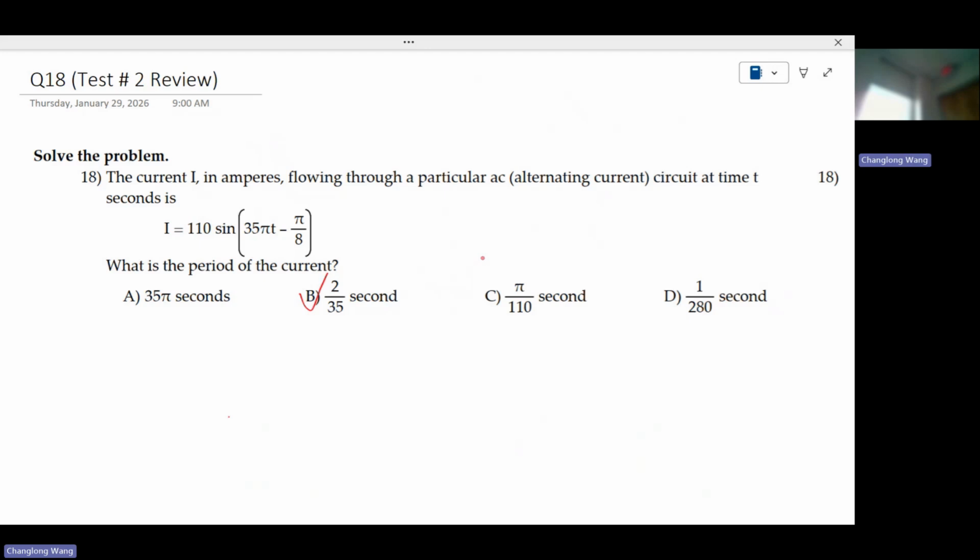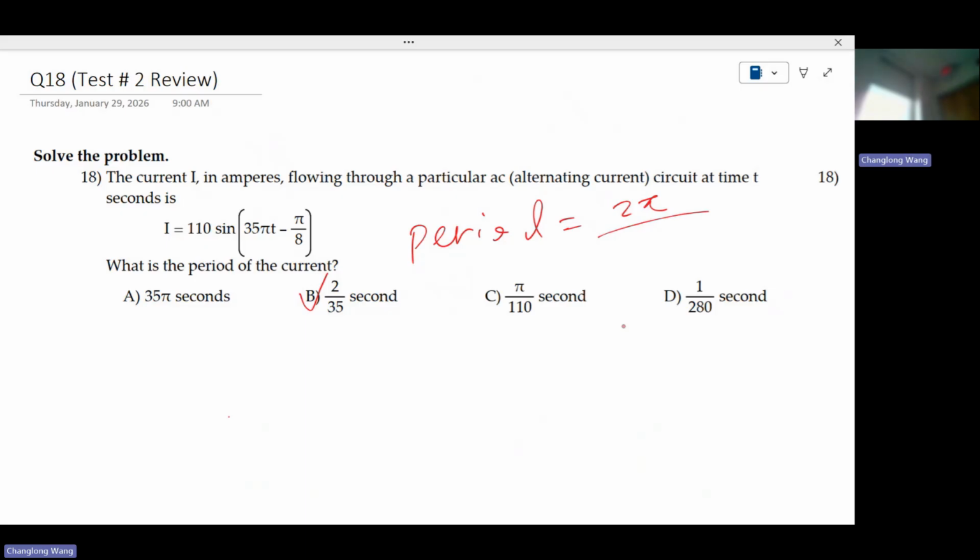You know that for a sine graph, the period has to be 2 pi divided by the coefficient of the independent variable, right? Maybe it's a bit confusing that they didn't use x. They use t. t is the independent variable. If you don't like it, replace it with x.